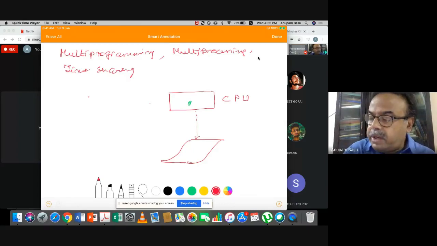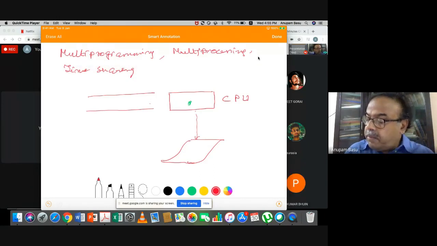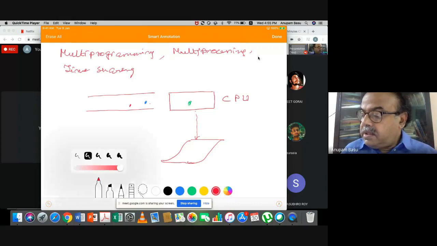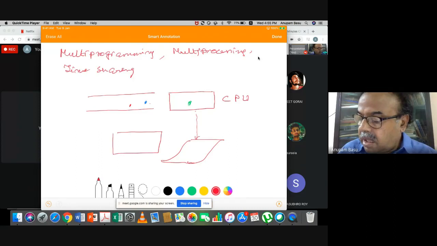But I have got in my ready queue the other processes like blue and red waiting in the queue. So what is done instead, I can have another piece of hardware, say an IO processor.